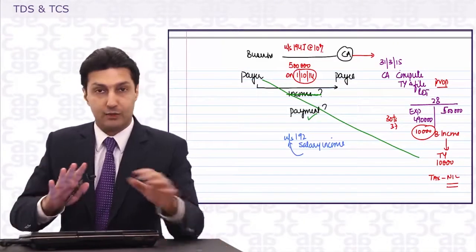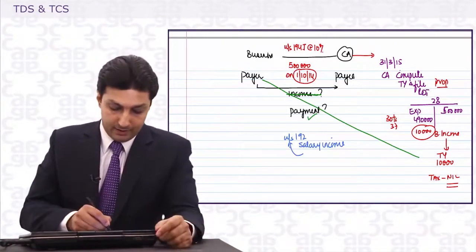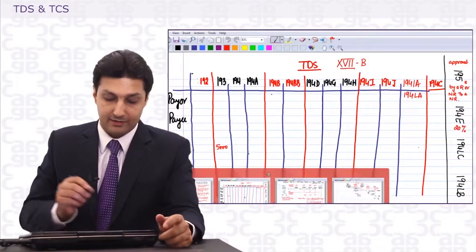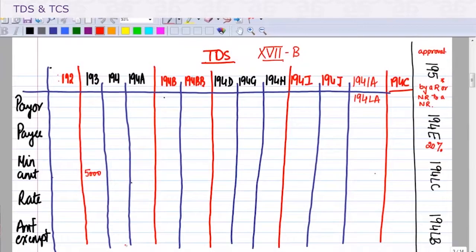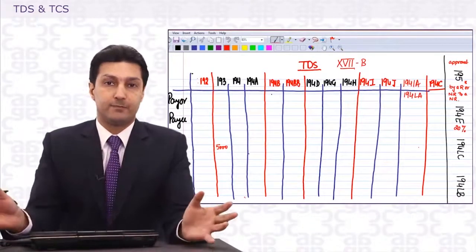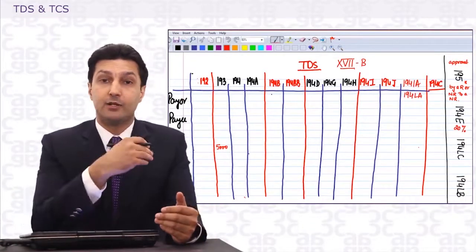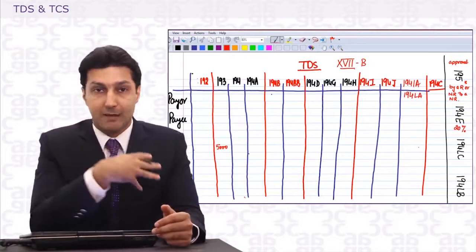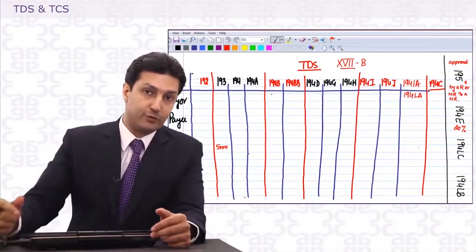Now, before we start looking at the concept, let's first look at what sections are covered. Now, this is a chart which I would want you to probably remember and memorize by heart. We will try and fill this up. Is TDS a general concept? Is TDS deductible on all payments? For example, there is a shop that is making a sale of shoes.